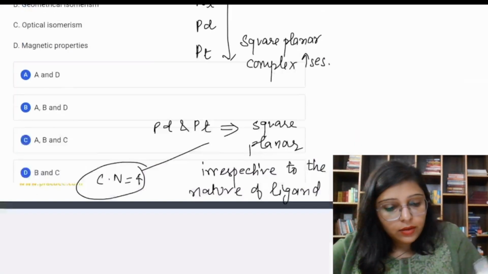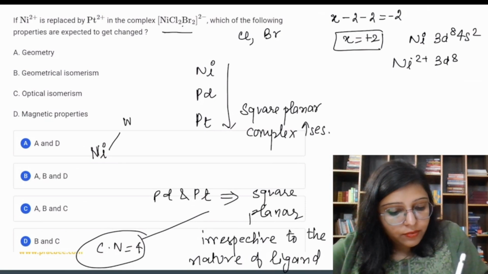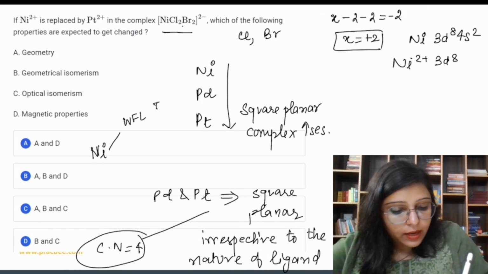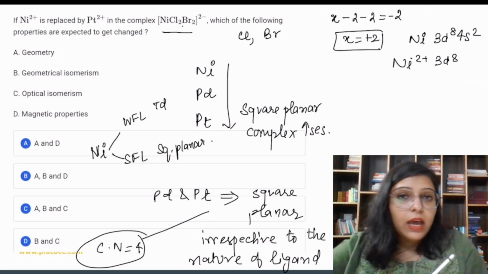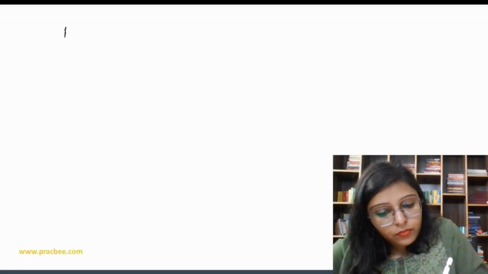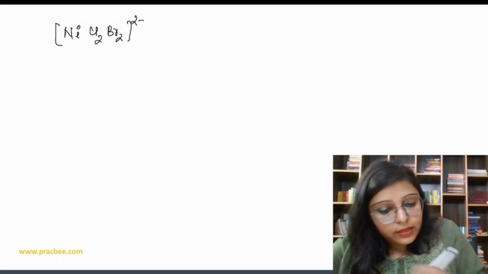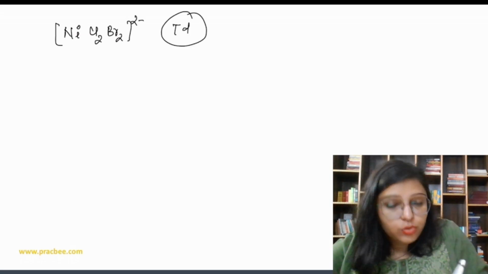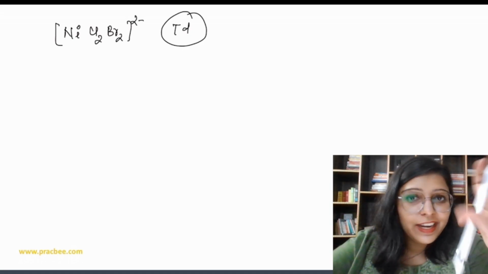With nickel, if we have weak field ligand, it forms tetrahedral complex, and in the presence of strong field ligand, it forms square planar complex. Now in the question, we have Cl and Br, both weak field ligands. So [NiCl2Br2]2- is going to have tetrahedral geometry. You do not need to check, but if you check, you get tetrahedral geometry.